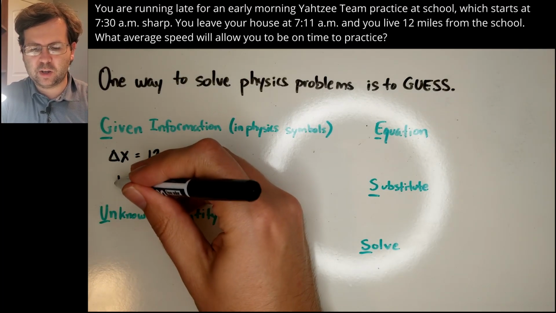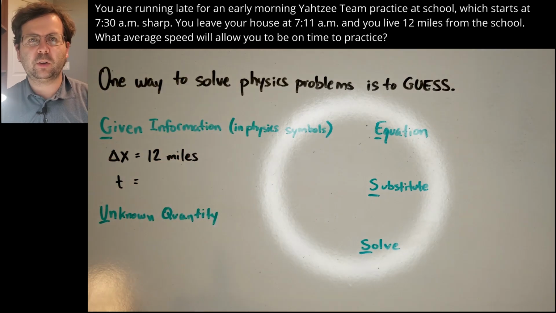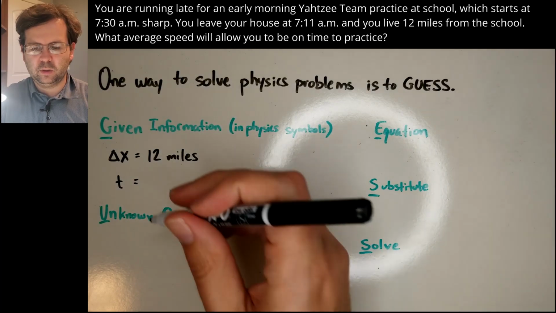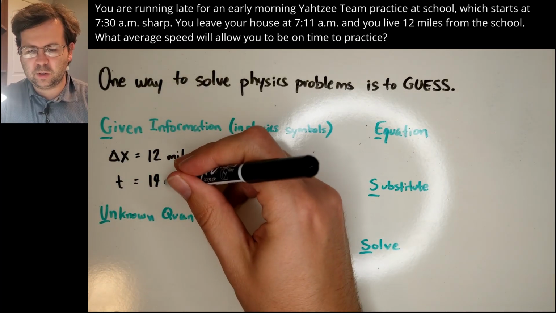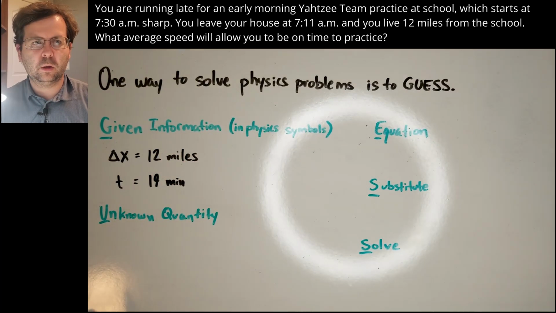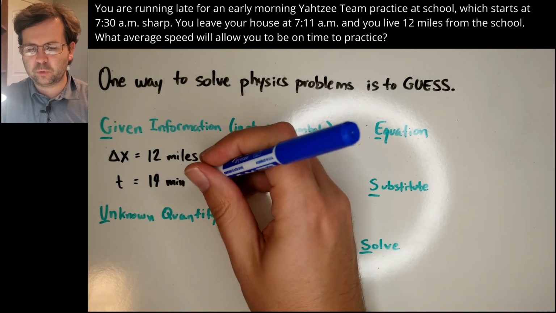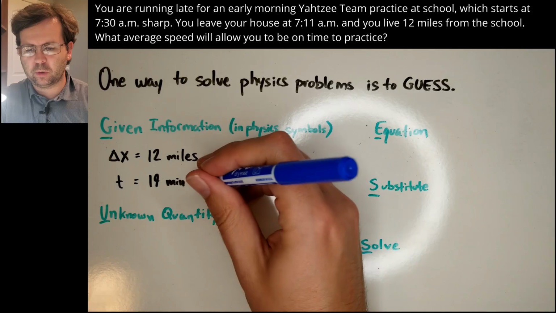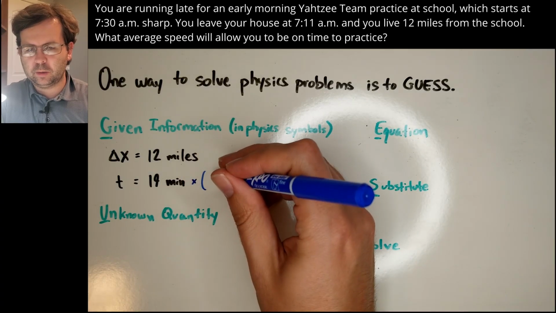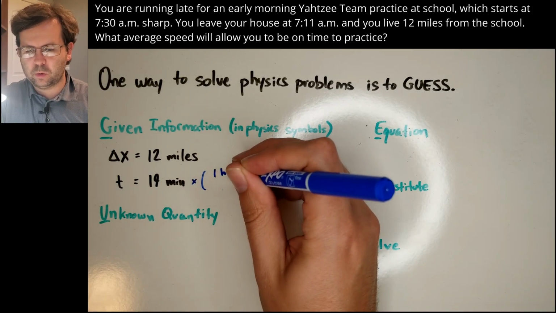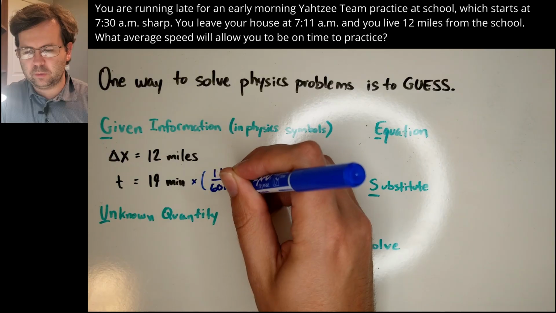And then we have a time as well, which I can take from the word problem to be 7:30 minus 7:11, so that's going to be 19 minutes. So the time is 19 minutes. Or if I want to put this into hours, because I want my answer to be in miles per hour, I would multiply by 1 hour over 60 minutes.